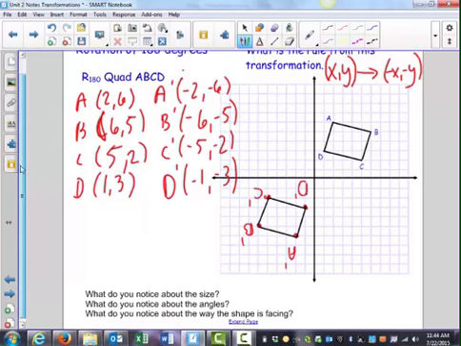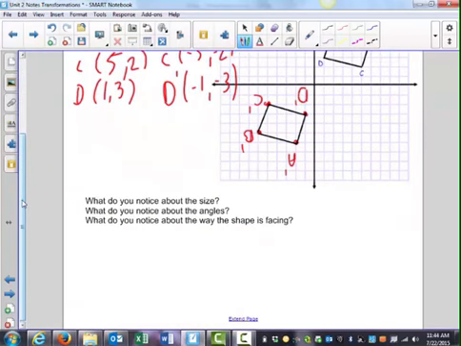All right, so what do you notice about the size of this? It's the same size, right? What do you notice about the angles? The angles are still the same. Okay? What do you notice about the way this thing is facing?